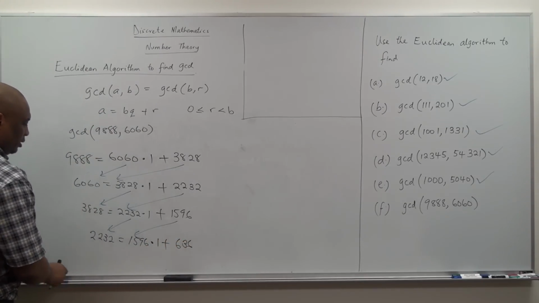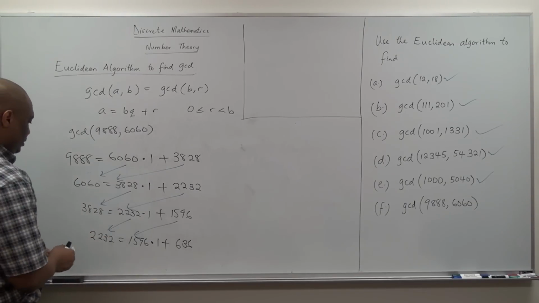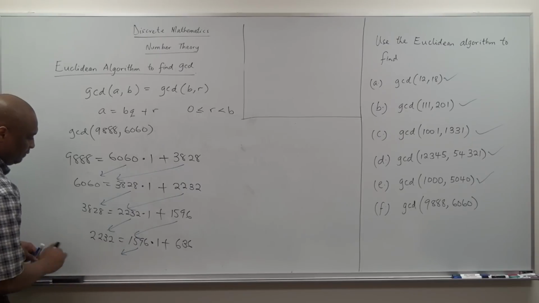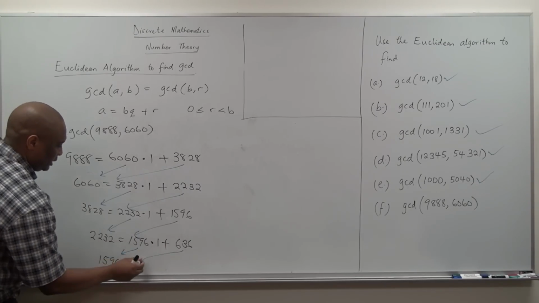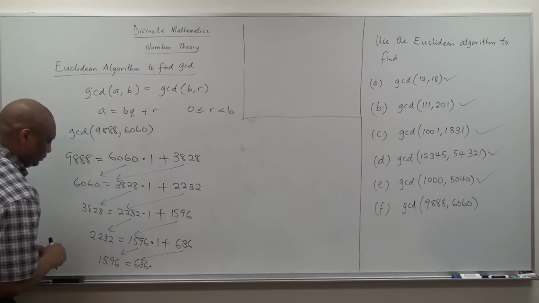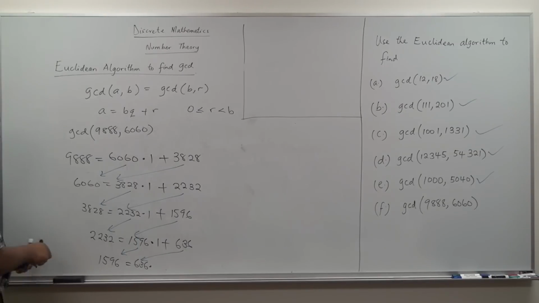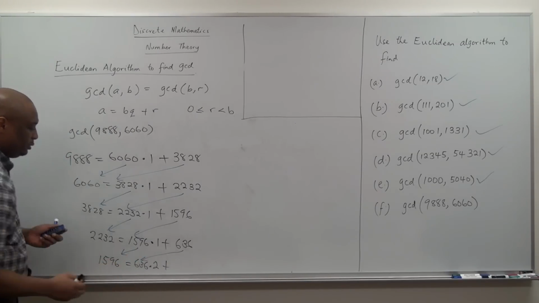So 1596 is equal to 636 times what? 1596 divided by 636 gives you 2.5 something, so the integer part is 2.